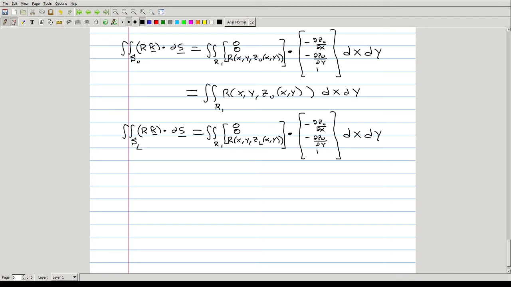The normal has to point outward to the surface, so in the negative direction. This becomes positive, positive, negative.